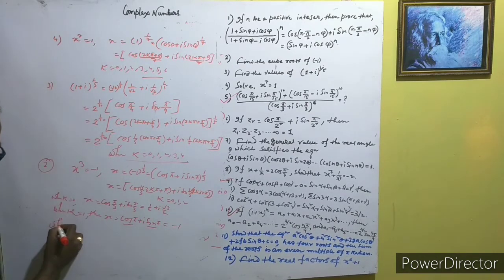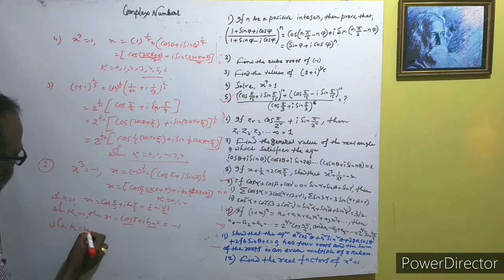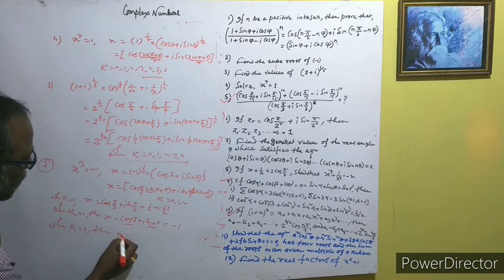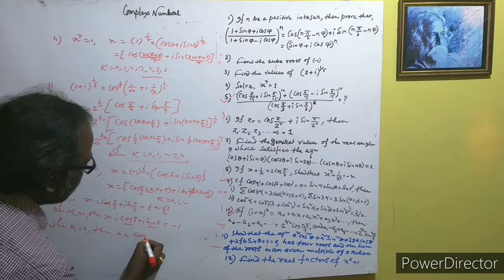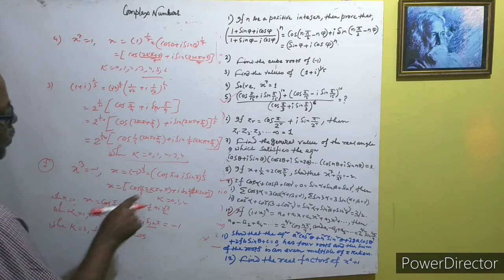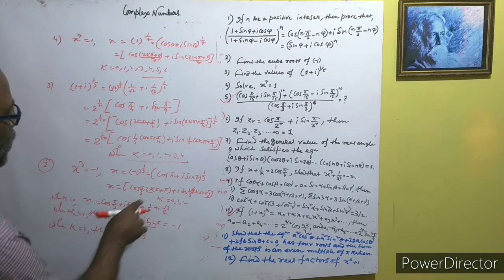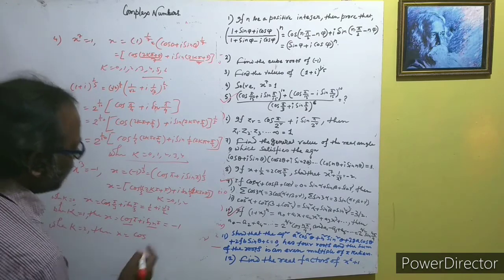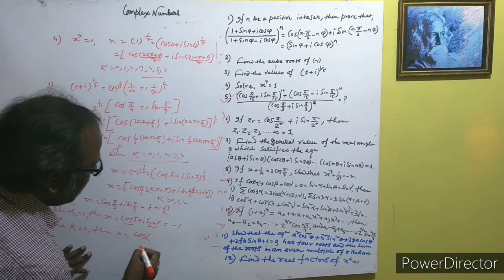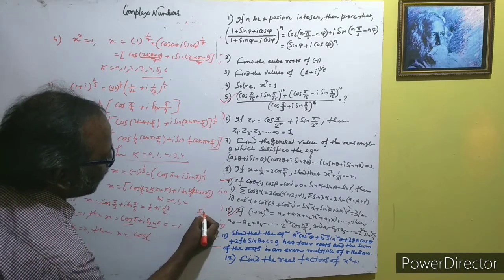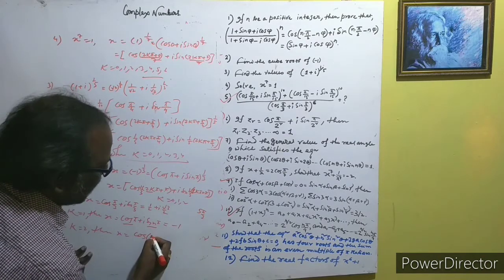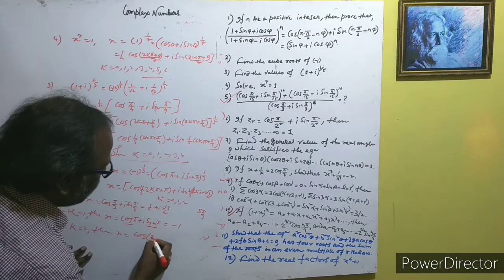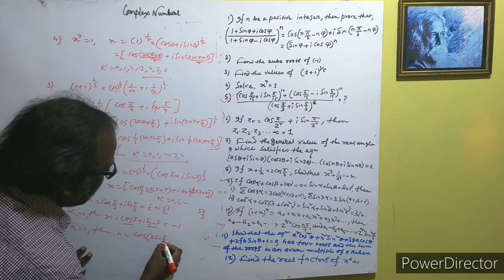When k is equal to 2, then x is equal to cos 5 pi by 3, plus i sin 5 pi by 3. So this is 6 pi by 3, and that will be 2 pi minus pi by 3.